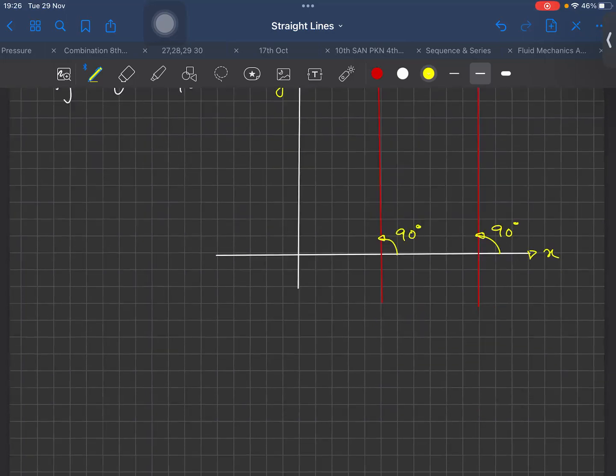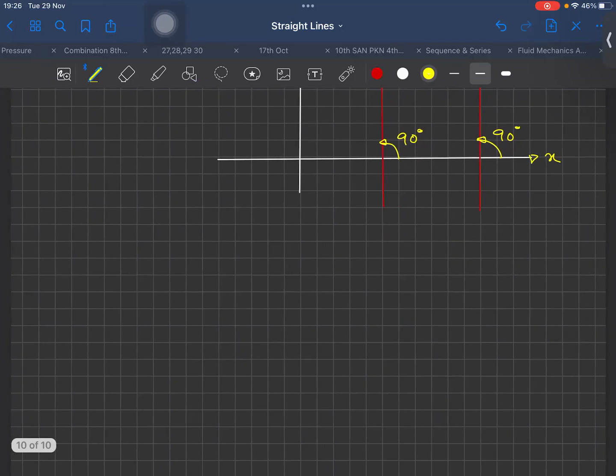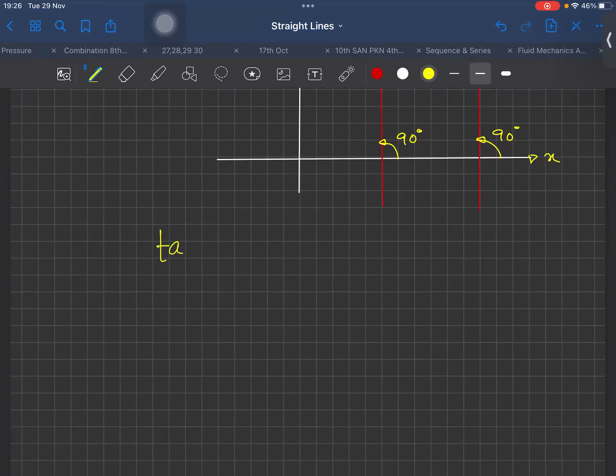Also, in this chapter, we are going to represent slope, which is tan theta, by a symbol m. We are going to represent tan theta by m.